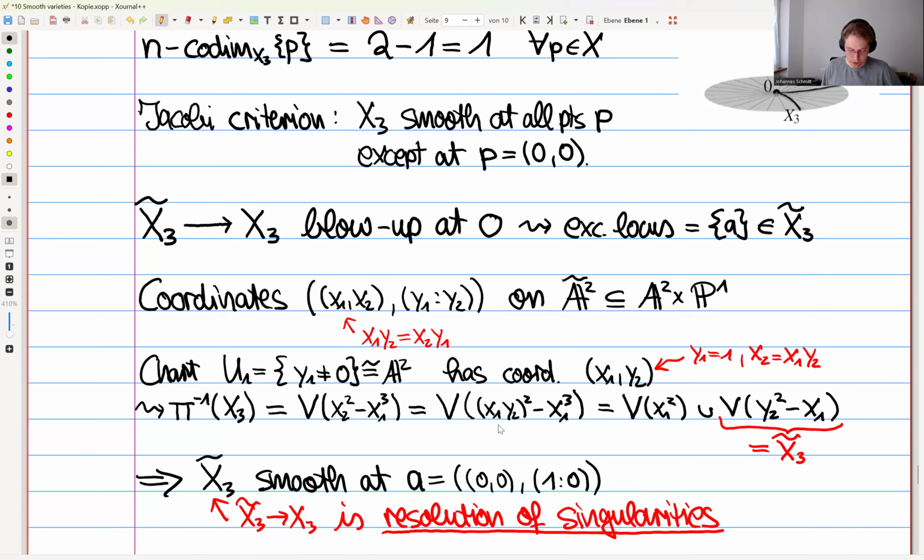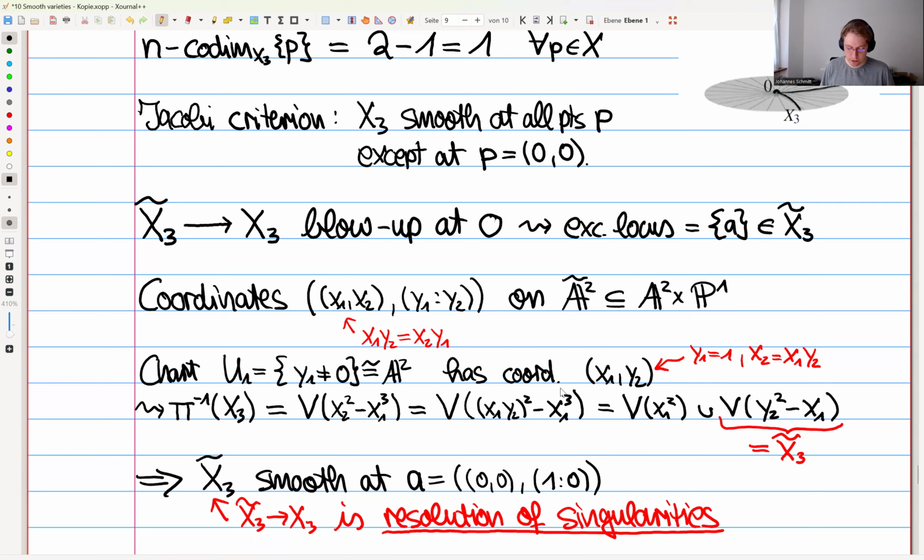So we just do this substitution. Now we have an equation that sits inside this A2 with these coordinates, and we can factor it. This is x1 squared y2 squared minus x1 to the 3.